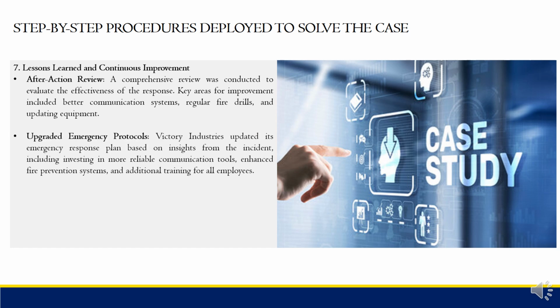Upgraded emergency protocols. Victory Industries updated its emergency response plan based on insights from the incident, including investing in more reliable communication tools, enhanced fire prevention systems, and additional training for all employees.